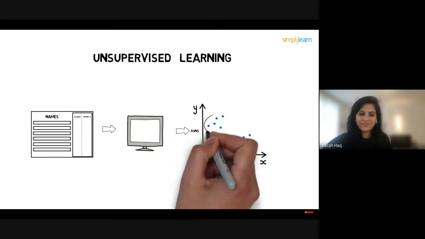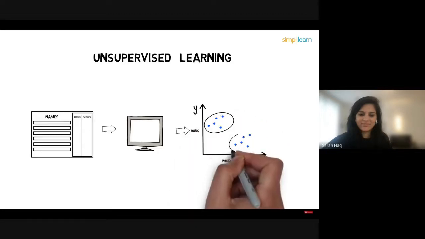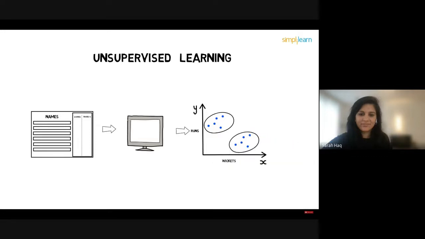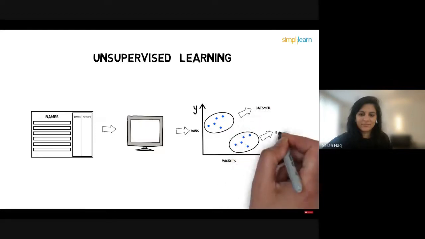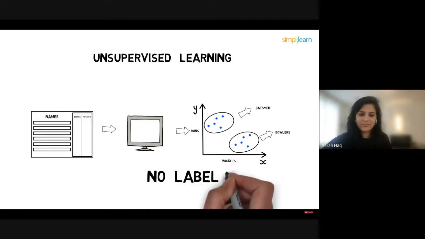The one cluster are the players who scored high runs and took less wickets, while the other cluster is of the players who scored less runs but took many wickets. So here we interpret these 2 clusters as batsmen and bowlers. The important point to note here is that there were no labels of batsmen and bowlers. Hence, the learning with unlabeled data is unsupervised learning. So we saw supervised learning where the data was labeled and the unsupervised learning where the data was unlabeled.